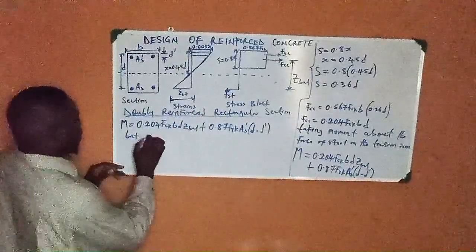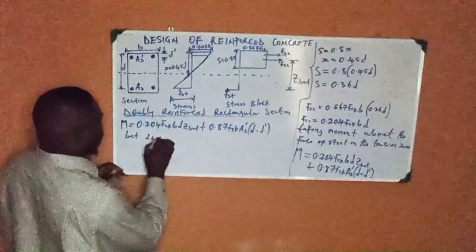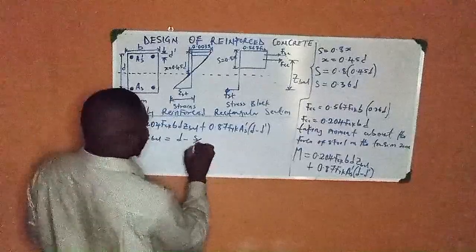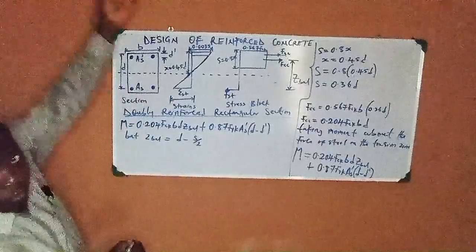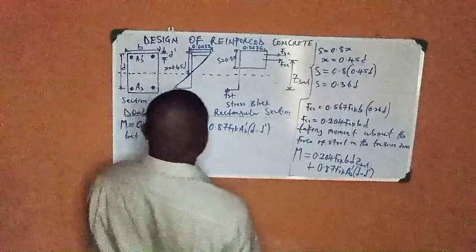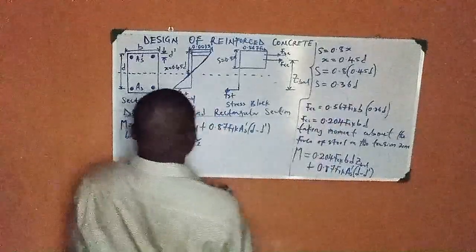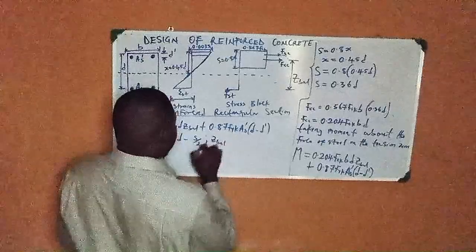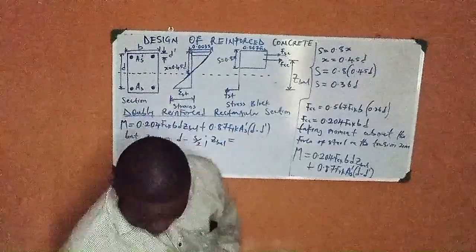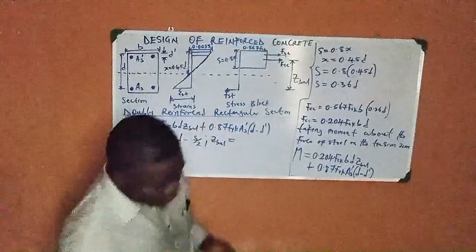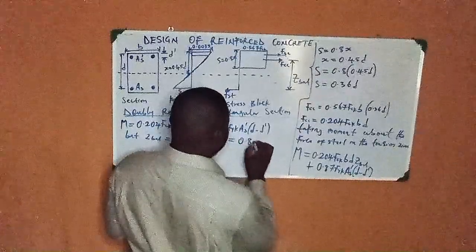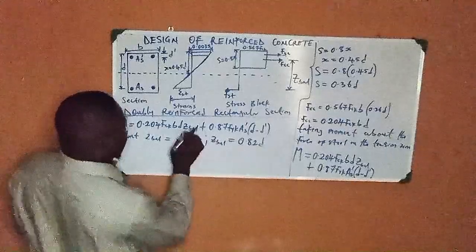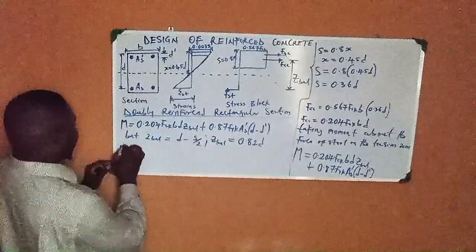But here z bar is equal to d minus s over 2. Just like saying s is this. So after the whole thing, my z bar becomes equal to 0.82 d.